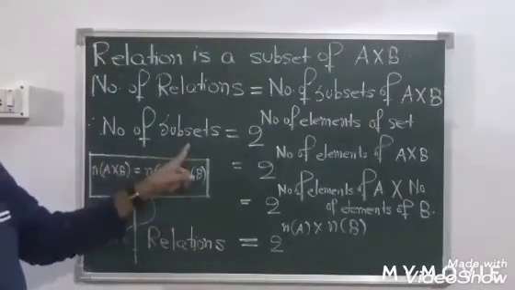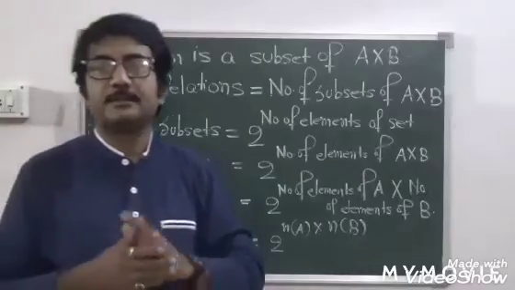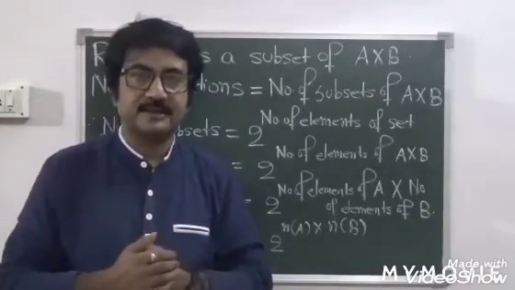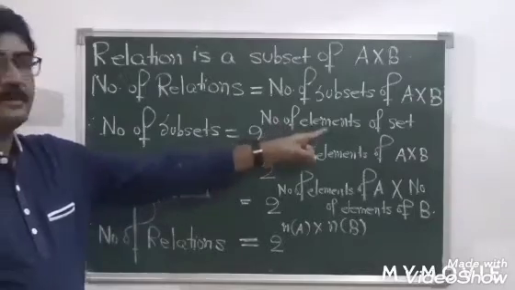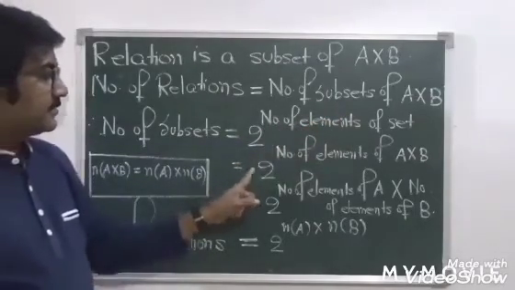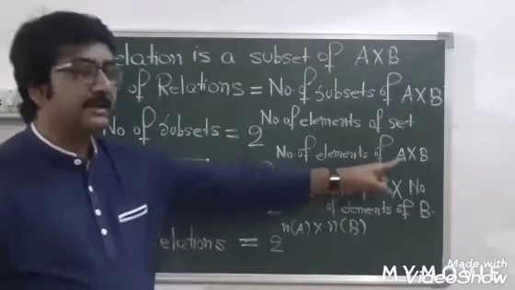Now the number of subsets, we know, is given by 2 to the power of the total number of elements present in the set, right? So the number of subsets is 2 to the power of the number of elements of the set, and here the set is A cross B, so it is 2 to the power of n(A cross B).